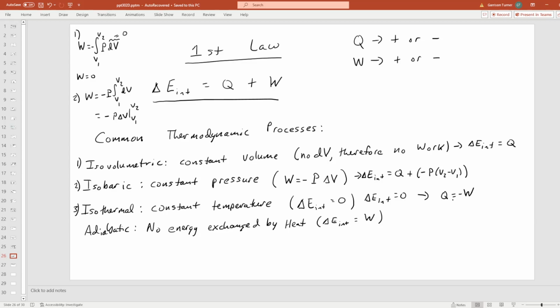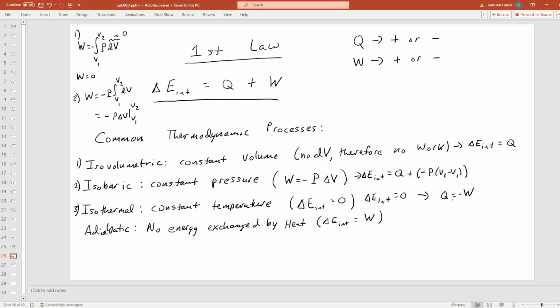So in this case, I gain as much energy in heat that I lose through work, or I lose as much energy through heat that I gain from work. So in your isothermal process, you have to be in thermal contact with some sort of thermal reservoir. Okay? You have to be able to exchange heat with your environment.